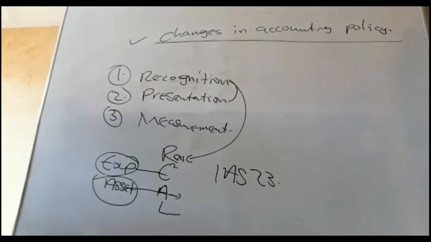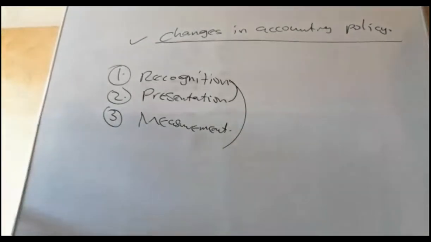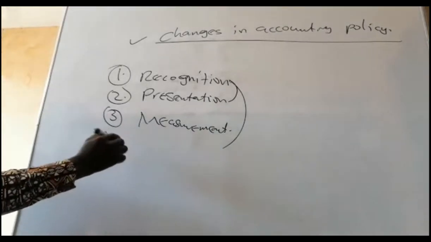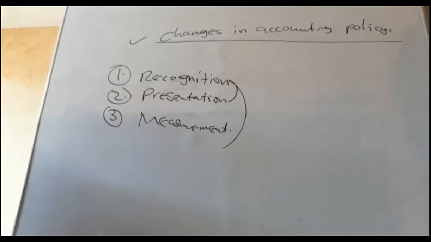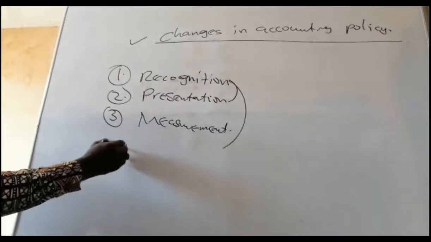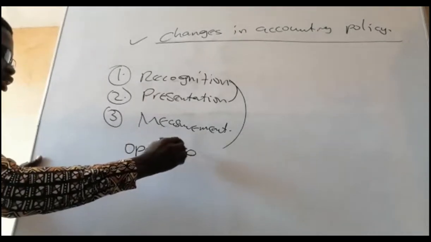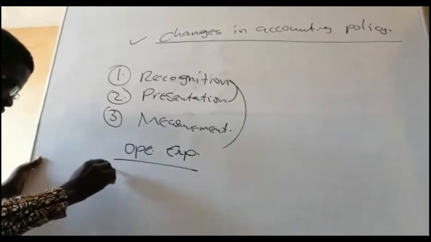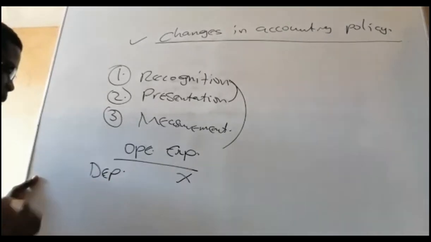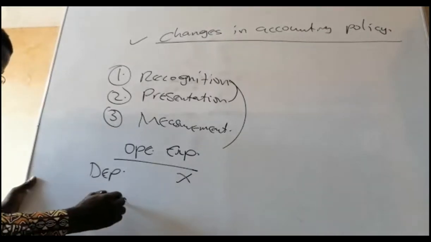So for instance, now we'll deal with the classification. Formerly, the item was classified among cost of sales. So let's take depreciation for instance. If formerly you classified it under operating expenses, so operating what? Expenses. So depreciation was classified there. That was your policy. But now you change it. Now you classify depreciation under what? Cost of sales.